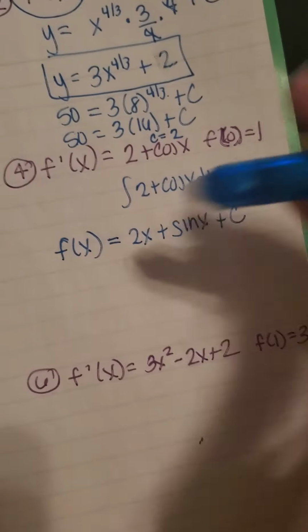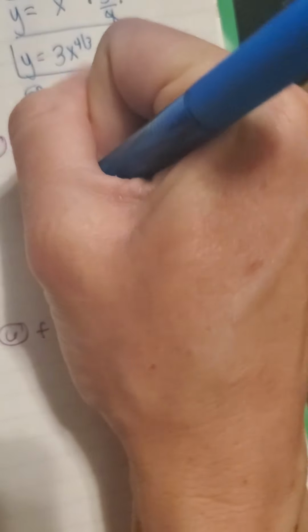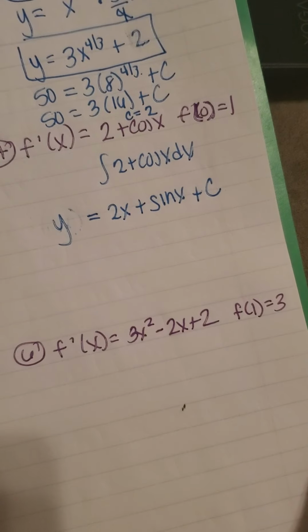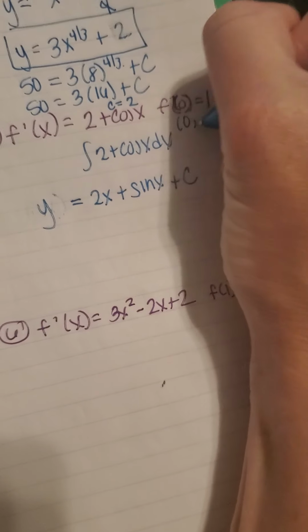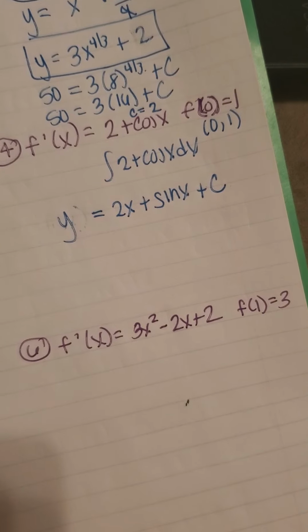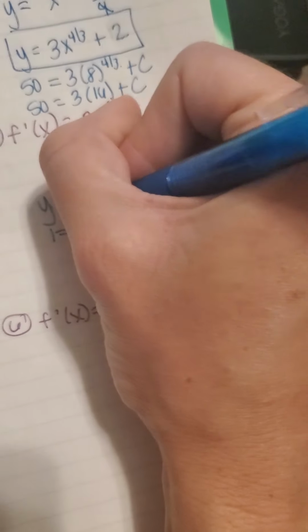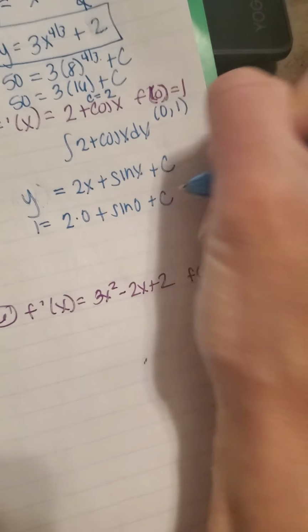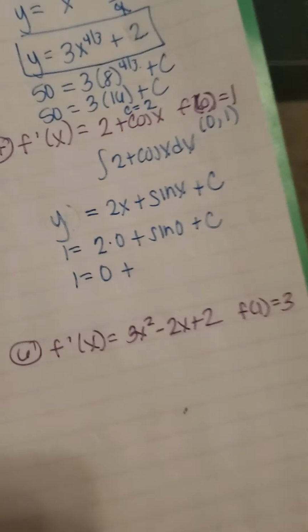And again, if you don't like to use f of x, because over here I really have x and y's, call it y. And there's my x, and there's my y. So I'm going to have 1 equals 2 times 0, plus the sine at 0, plus c. So I'm going to have 1 equals 0, plus.